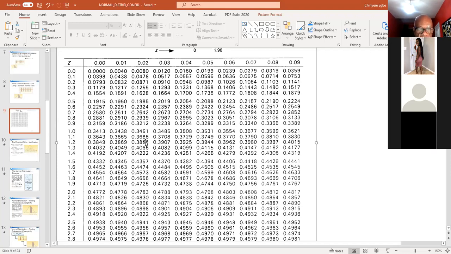Yeah, it's 0.3686. That's on 1.1, and then you go on the 0.02. What you were looking at was 1.2 going on the 0.02. Oh, okay. I got it. Okay. So we add those two numbers.